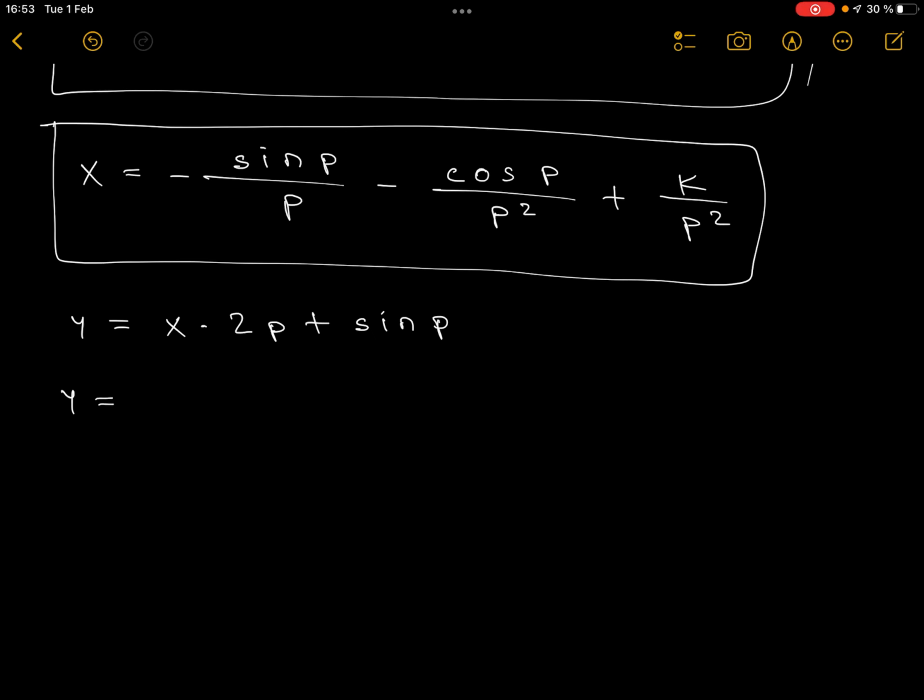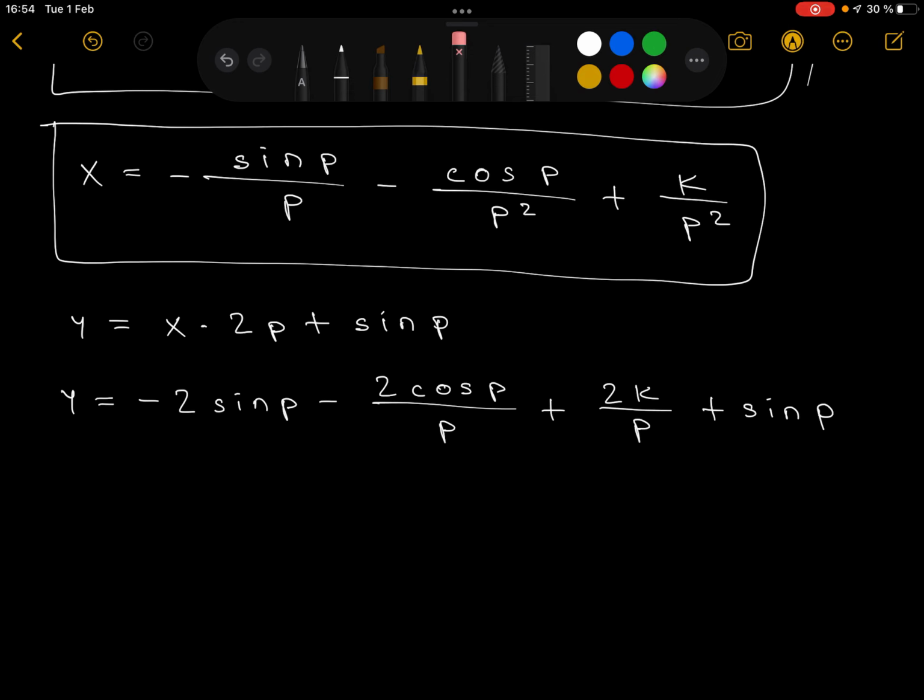That's going to be minus 2 sine p, minus 2 cosine p over p, plus 2k over p, plus sine p, and we'll just go ahead and rewrite this in a slightly better form.